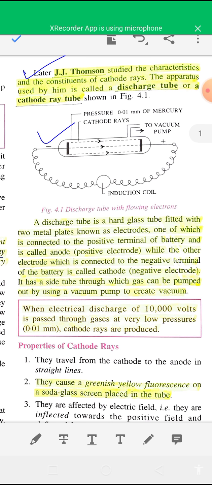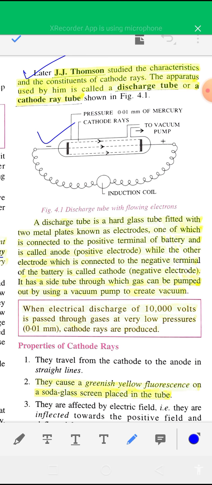When electric discharge of 10,000 volt is passed through the discharge tube in which some gas is present at very low pressure, 0.101 millimeter pressure, cathode rays are produced.